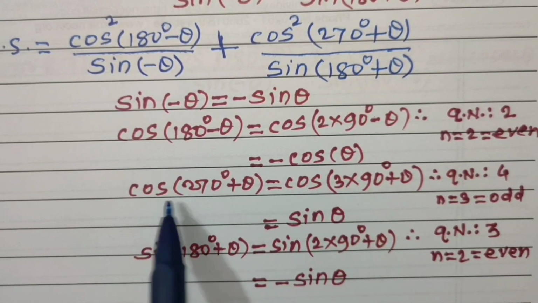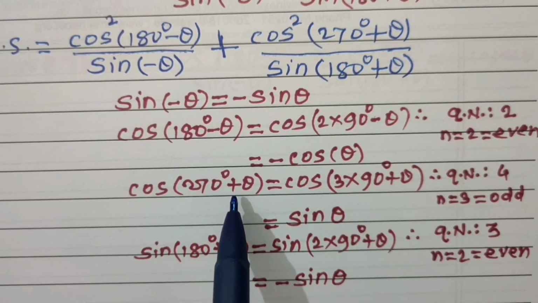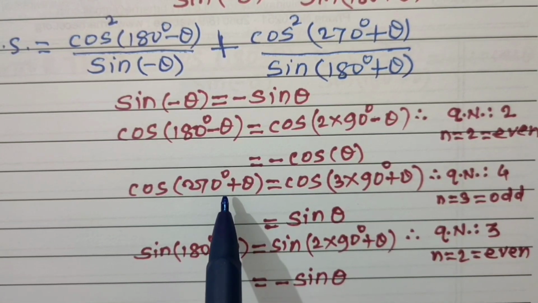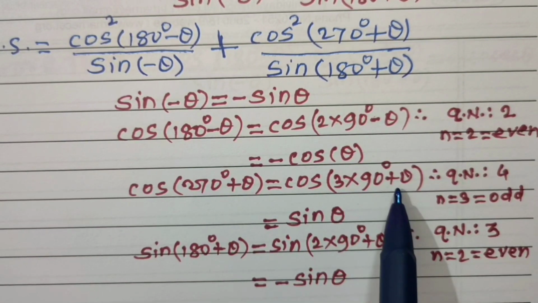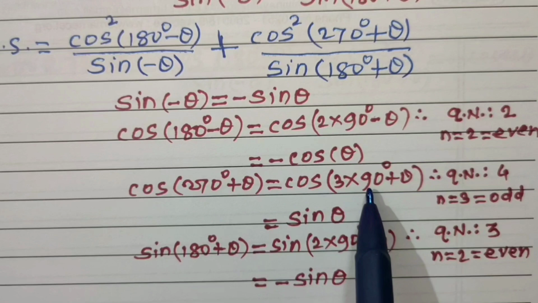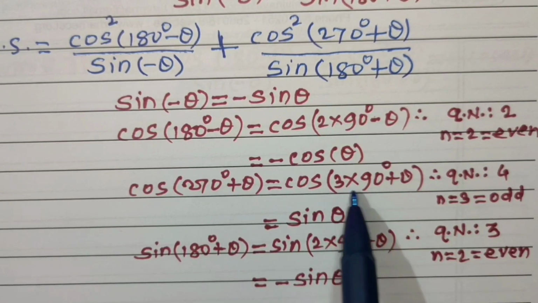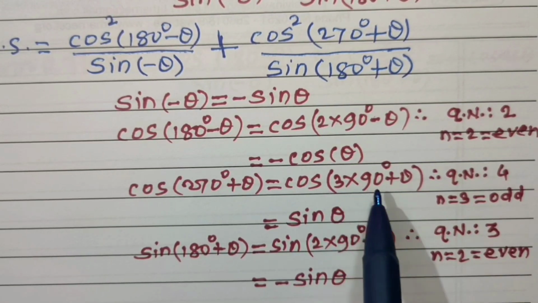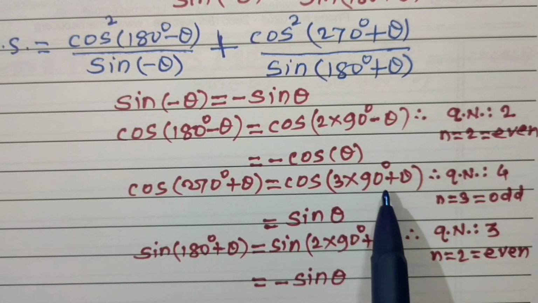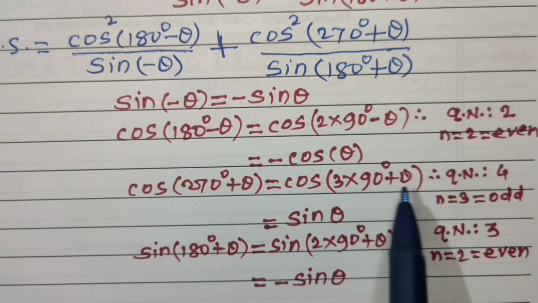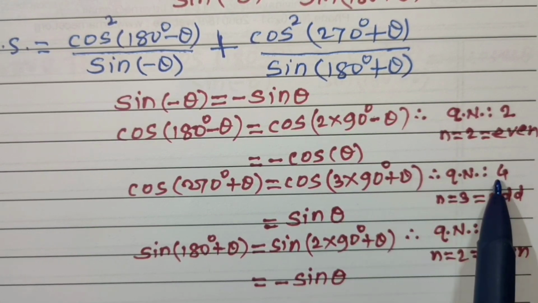Then cos of 270 degree plus theta. We have to find out the value of this. You know, 270 degree can be written as 3 into 90 degree, and this plus theta here. 3 times 90 degree means the negative y-axis, and this lies on the negative y-axis. Plus indicates the next quadrant next to the negative y-axis. After the negative y-axis, there will be only quadrant number 4.